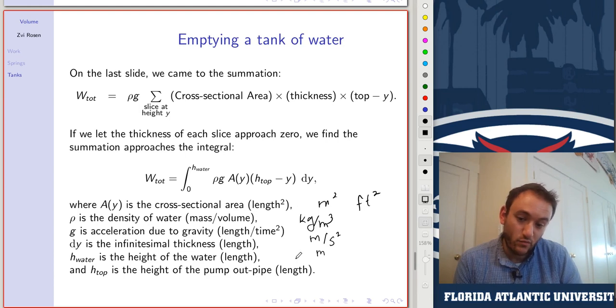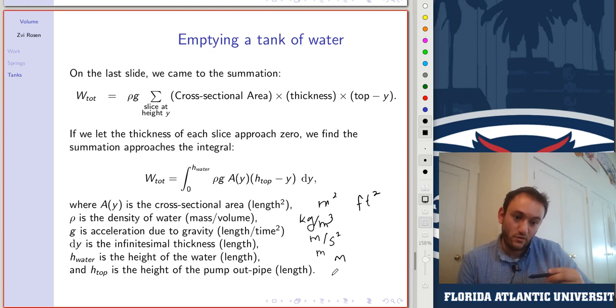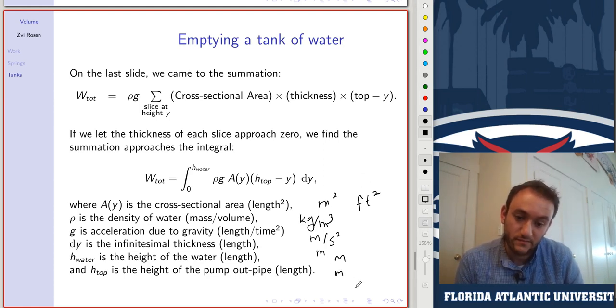H water is the height of the water, so that's the top slice that you're going to be looking at. H top is the height of the pump out pipe, so that's what you'll use for how far you're lifting each slice of water. That's also in meters.